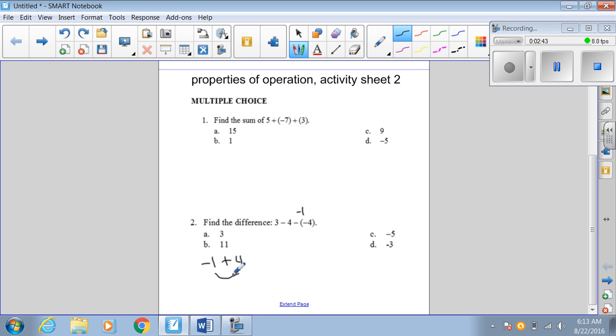We could say negative 1 plus 4, or we could actually say 4 minus 1, right? And if we say 4 minus 1, well, that's going to give us 3. And as we can see, that's only going to give us one option, and that's answer A. So A would be the answer to number 2.